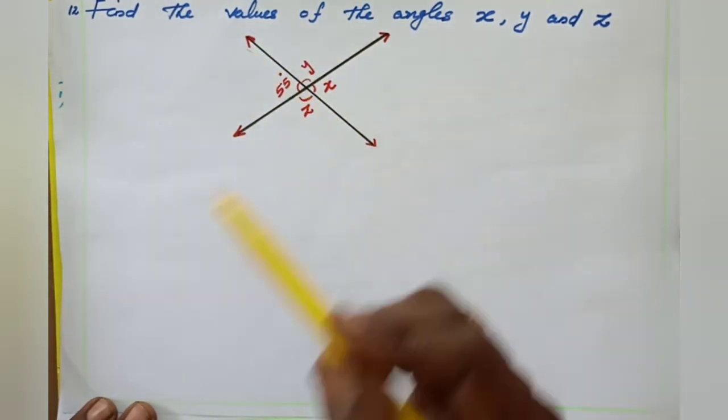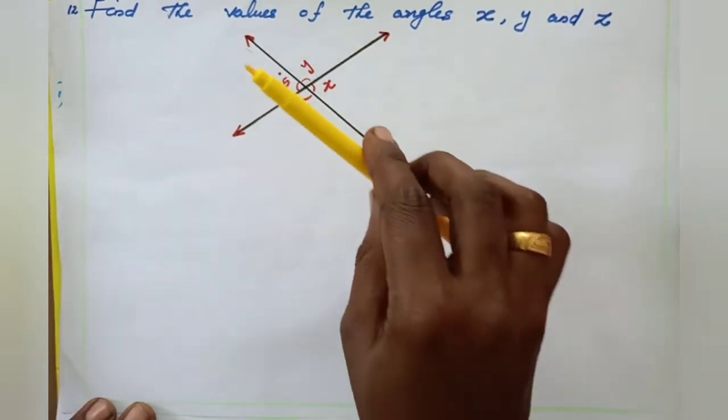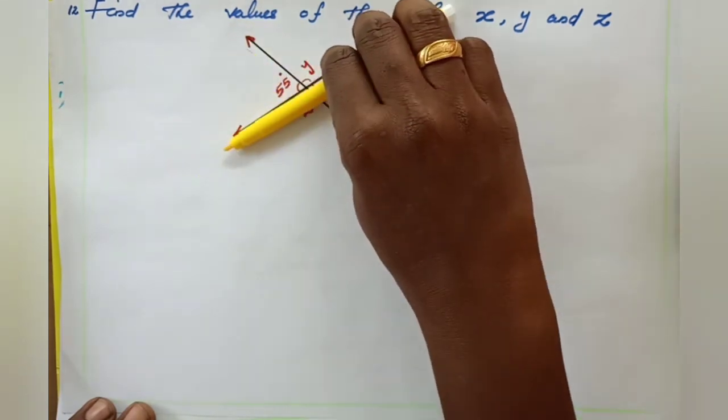See, this is a figure. Two lines intersect each other.